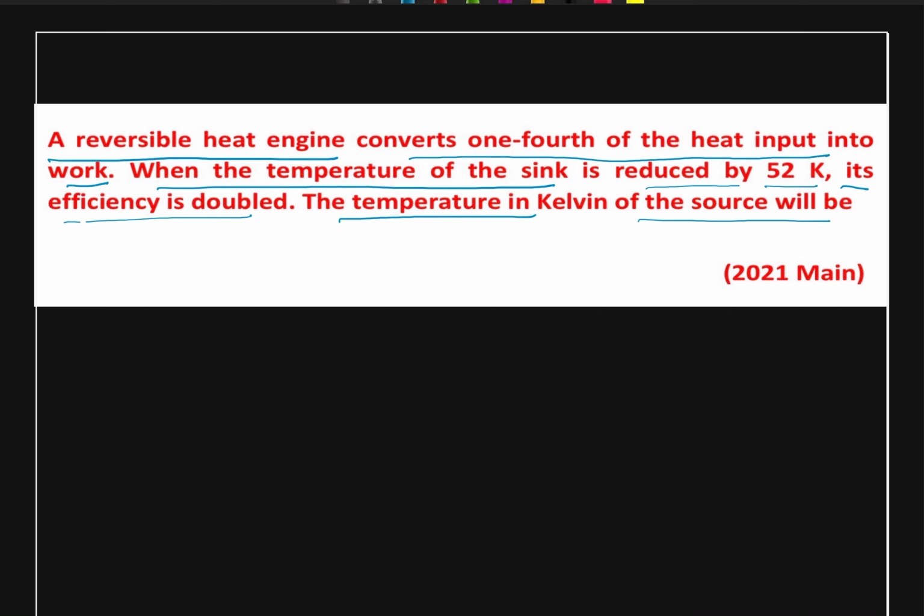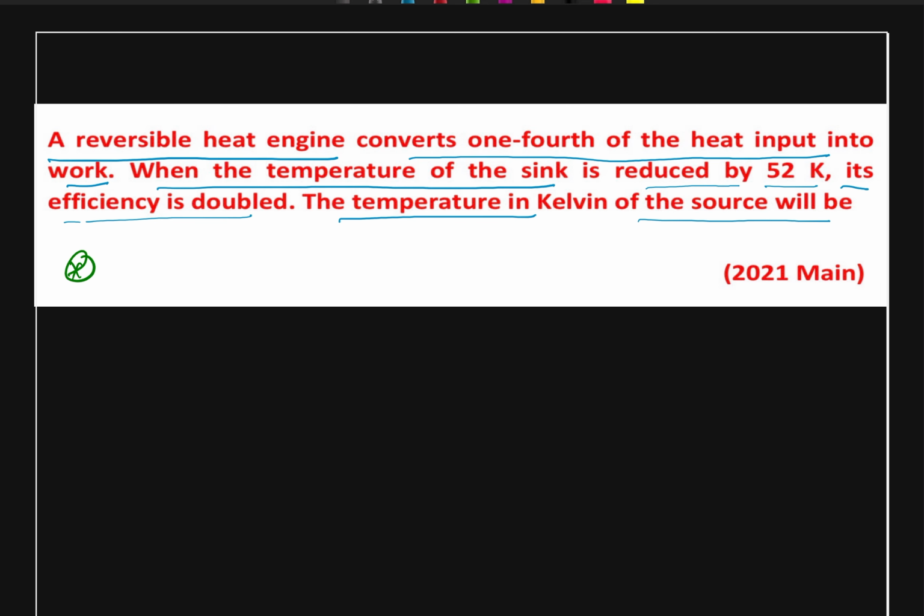So in this case, we are given a reversible heat engine, or we can say reversible Carnot engine. The efficiency can be written for the Carnot engine in terms of two different formulas. One is giving the temperature and the other one is with respect to the work done as well as the heat. So we write both the formulas.